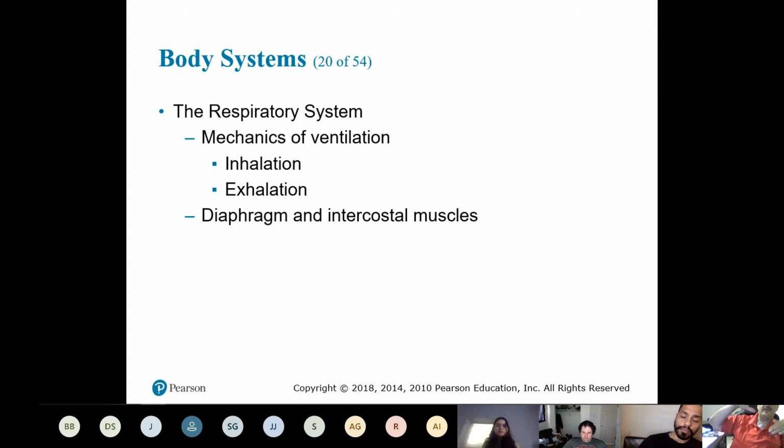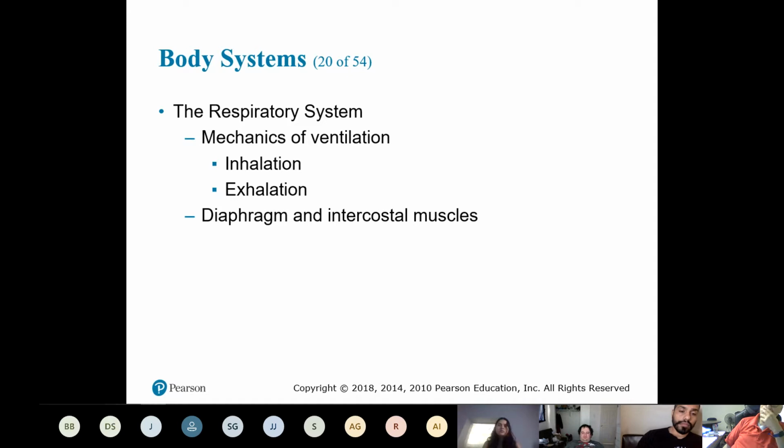It wants to try and equalize. And so that's why the higher pressure outside of us goes inside our lungs to equalize. And so that brings the air. 21% of that air around us is oxygen. So we need that 21%.